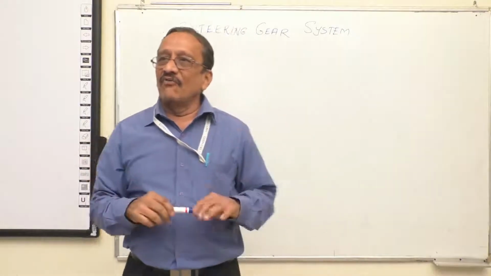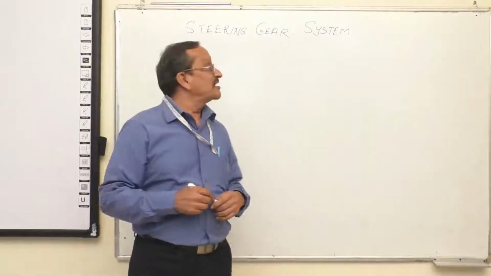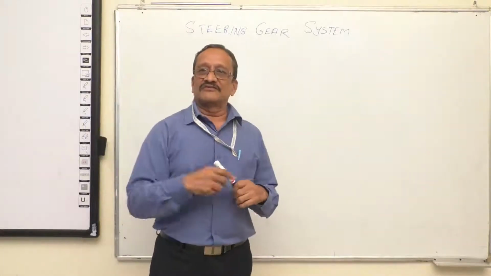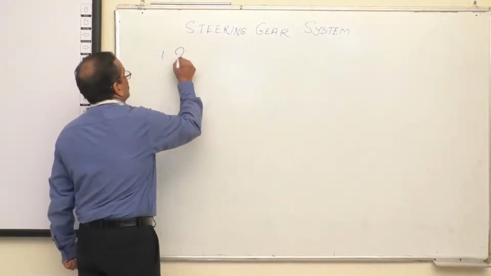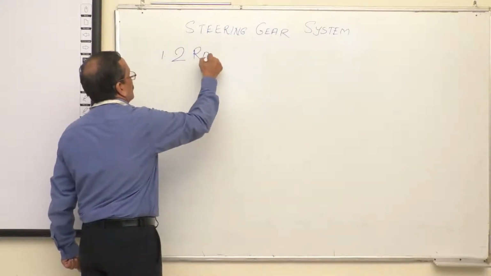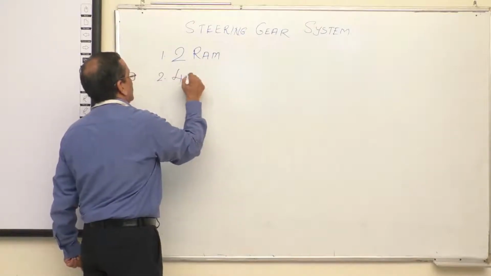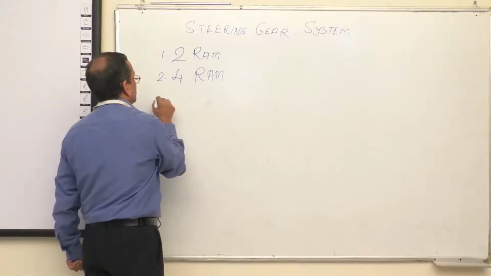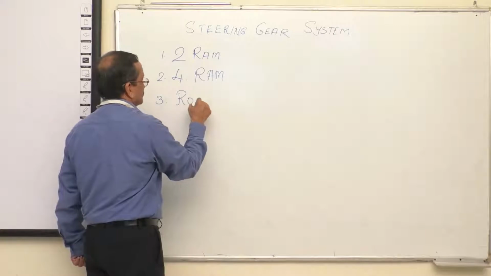Now here, we are going to study the steering gear system. Basically, let us see what the different systems available for us are. One is the 2-ram system. The second one is the 4-ram system. The third one is the rotary vane system.